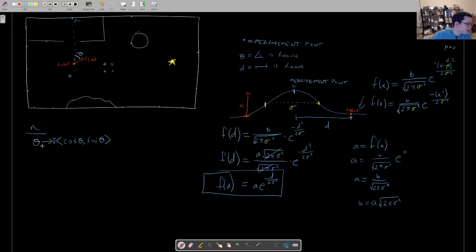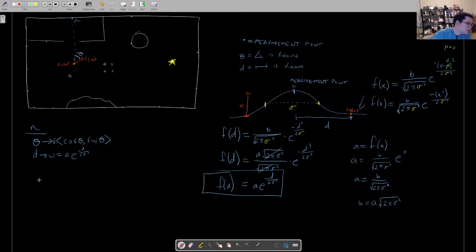So the angle theta leads to a pointing vector, and that needs to be a v hat of cosine theta, sine theta. And the distance leads to a weight of a e to the negative d over 2 sigma squared.